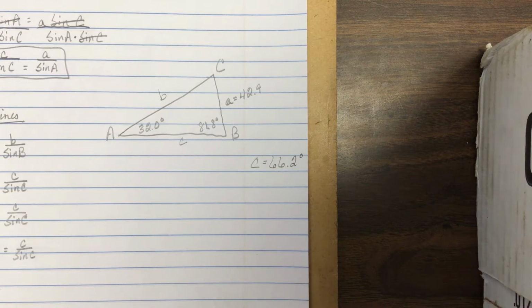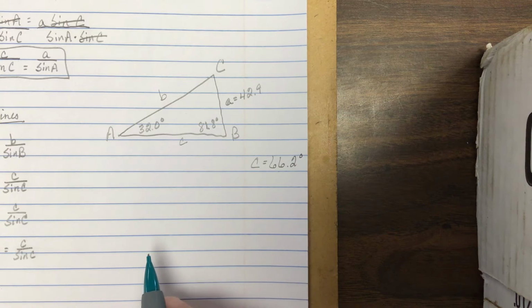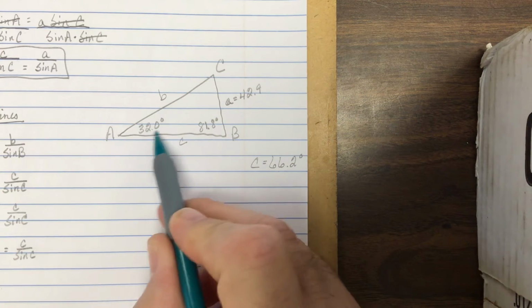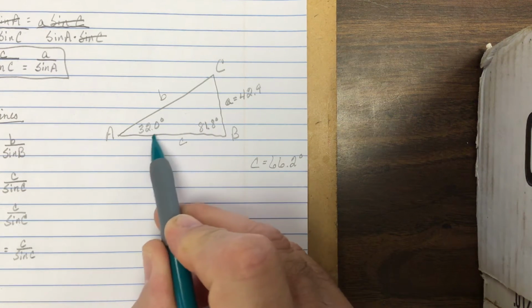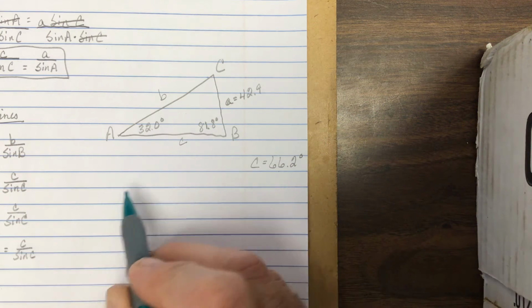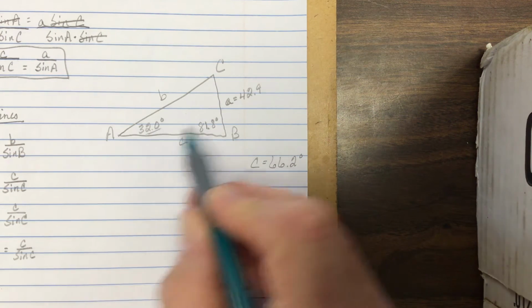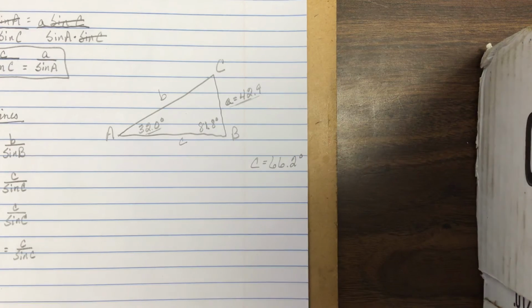So now we have to pick a side. Do we want to find side b or side c? I'm going to say we're going to find side b first. I look at it, I know angle A and I know side a.